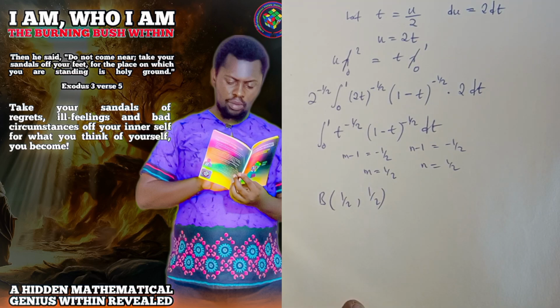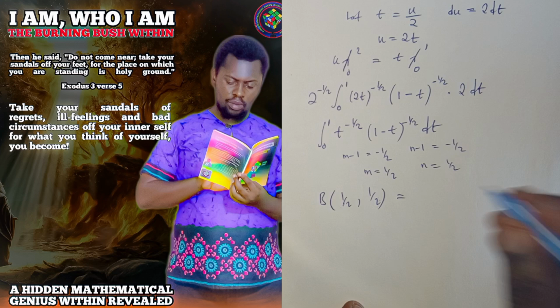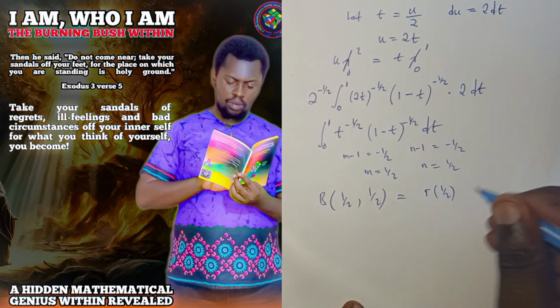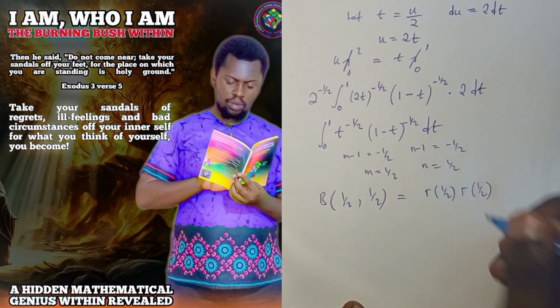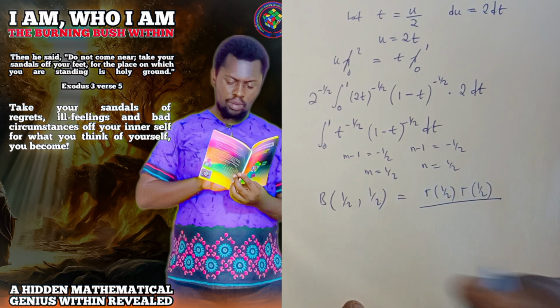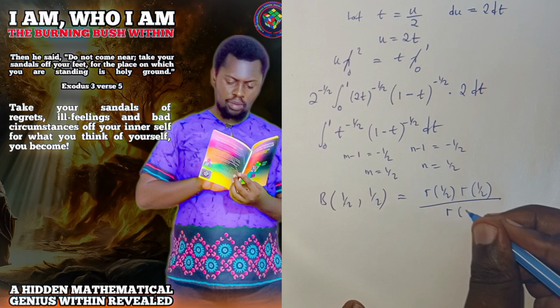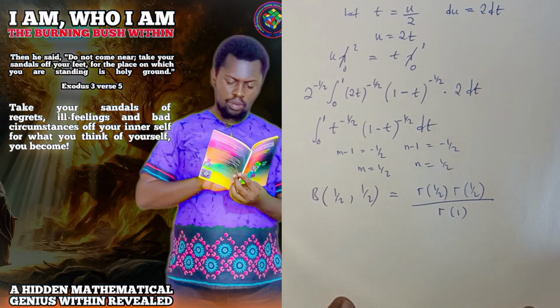And we know that a beta function is related to a gamma function. It is the product of the two gamma functions over gamma of the sum of these two. So this is equal to gamma of 1 over 2 multiplied by gamma of 1 over 2, over gamma of 1 over 2 plus 1 over 2, which is gamma of 1.